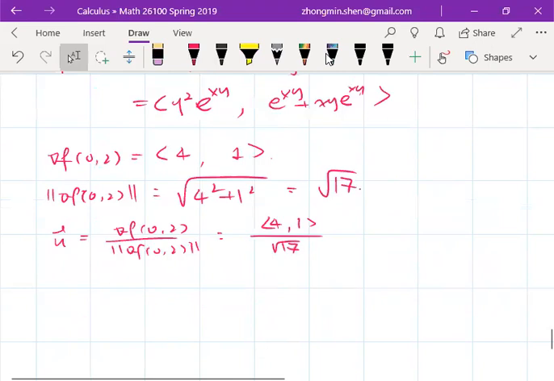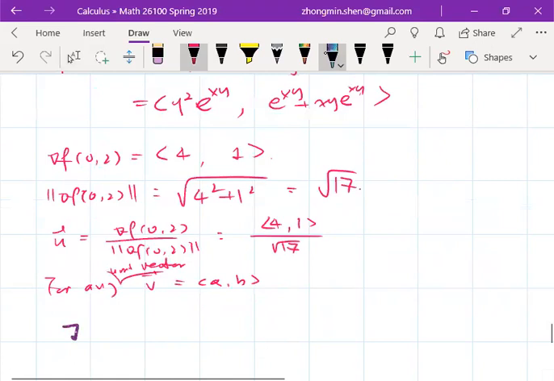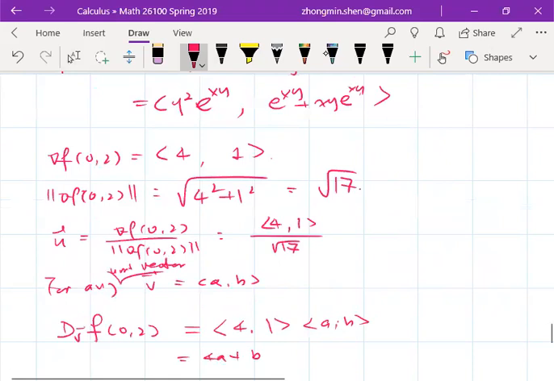In other words, for any unit vector (a, b), the directional derivative at that particular point is going to be 4a plus b.